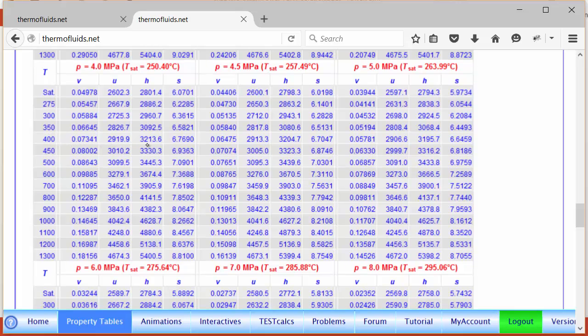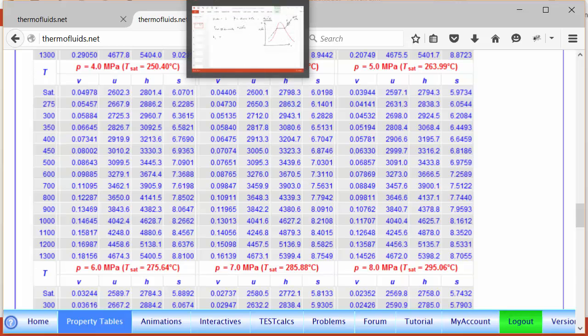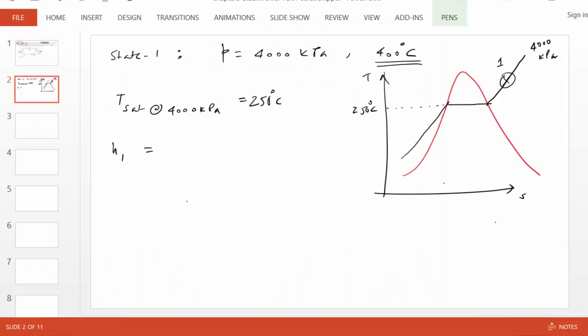So enthalpy is 3213 and entropy is 6.769. So we go back and jot these numbers down. So enthalpy at 1, 3214, and entropy at 1, 6.769. Standard SI units, so I'm not writing the units here to save time.